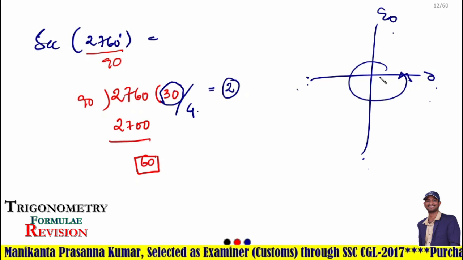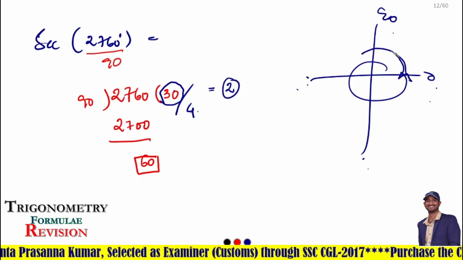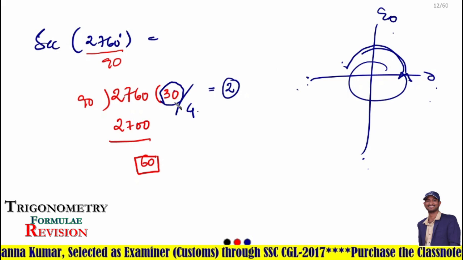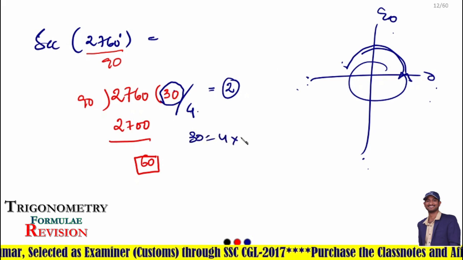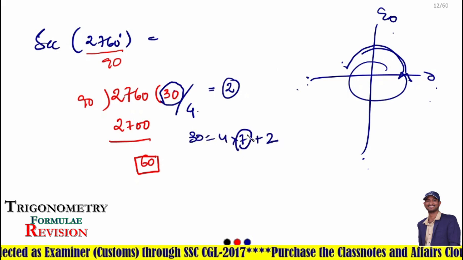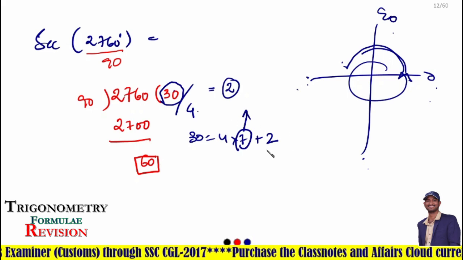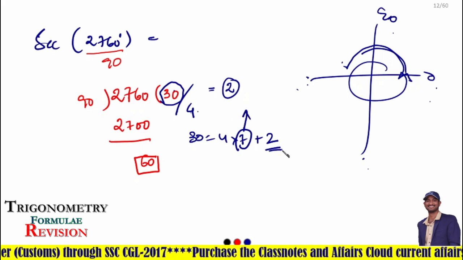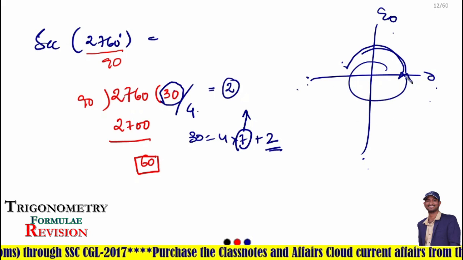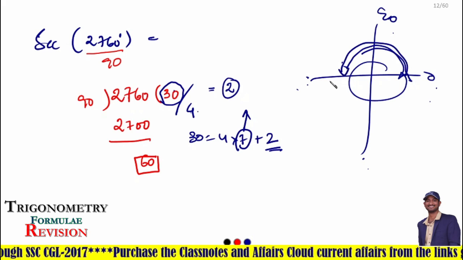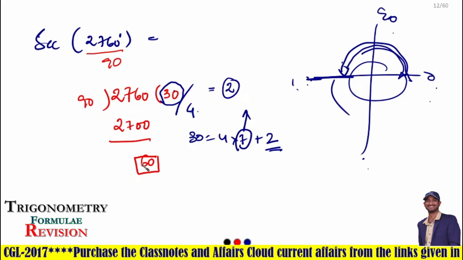So 2 remainder means 2 90s. 30 can be written as 4 into 7, 28 plus 2. So 7 revolutions are completed and 2 is the remaining. And 2 90s means 180 degrees plus 60.